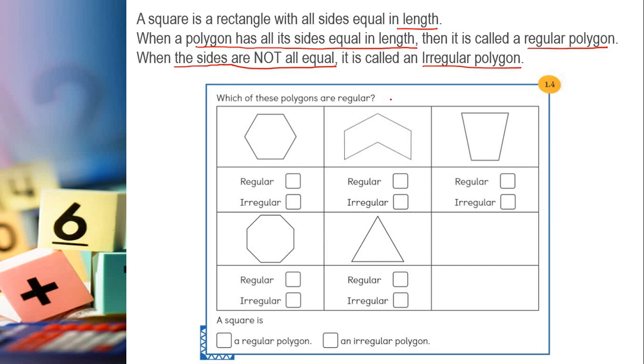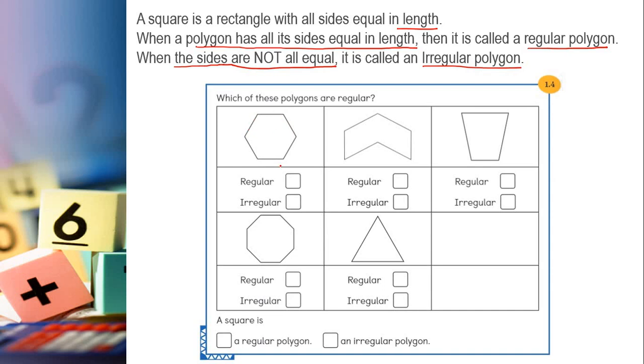Which of these polygons are regular? You have to find out which is regular and which is irregular. The length of all sides should be equal, then only it is a regular polygon. If the length is not equal of all the sides, it is irregular polygon.